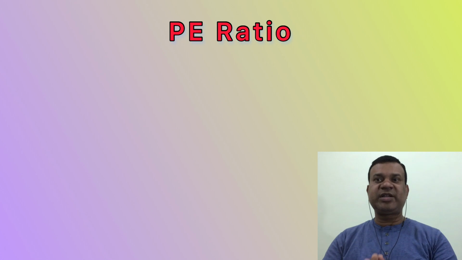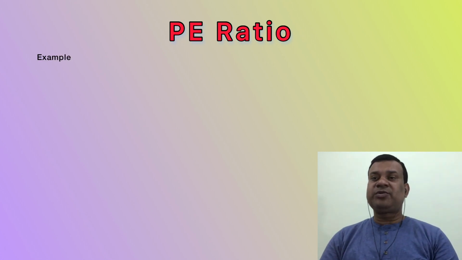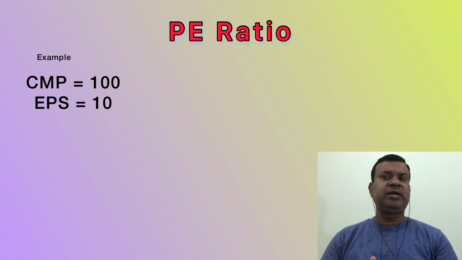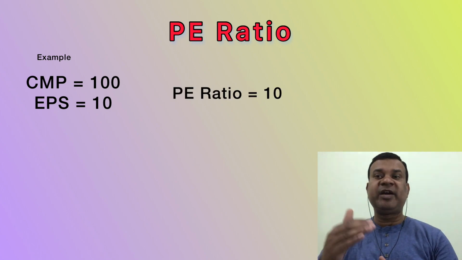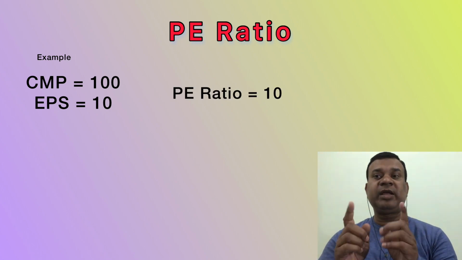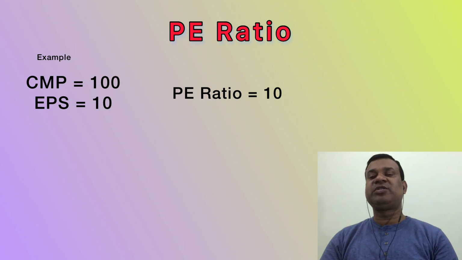Let's try to understand it with an example where the current market price of a stock is 100 rupees and its earning per share is 10 rupees. In this case, the PE will be 100 divided by 10, that is 10. Now, the stock price will change daily, but the earning per share will remain constant for at least 3 months.